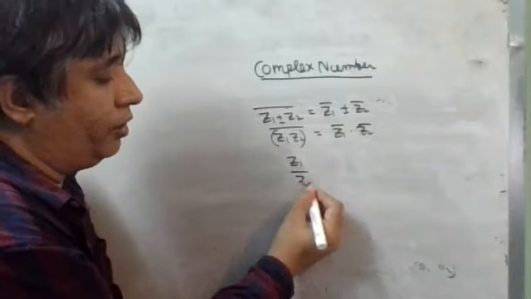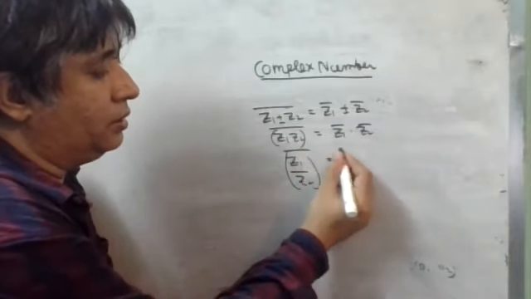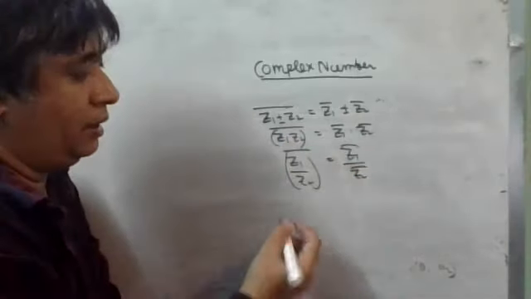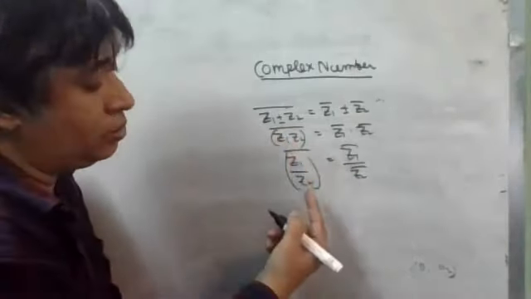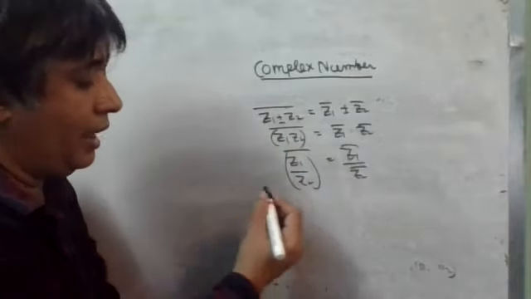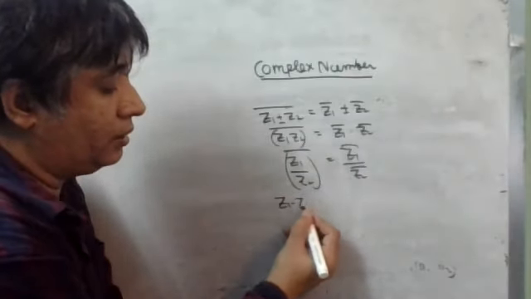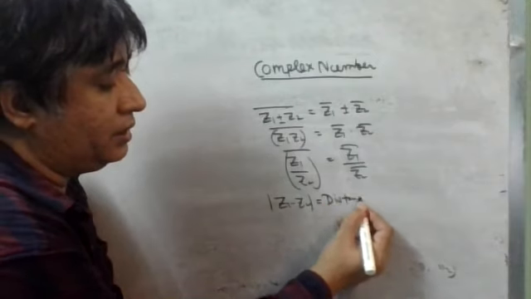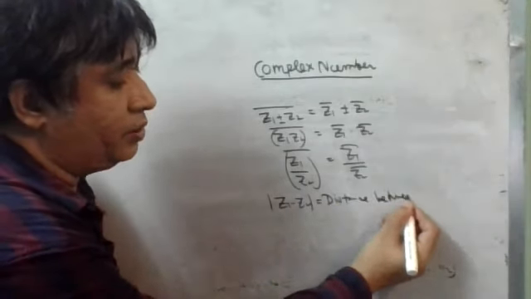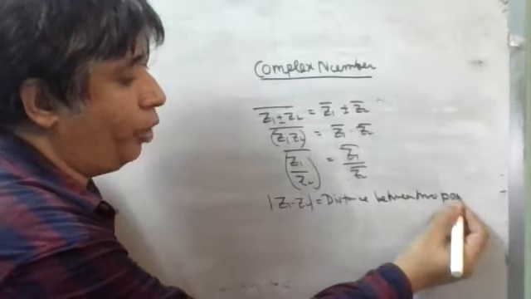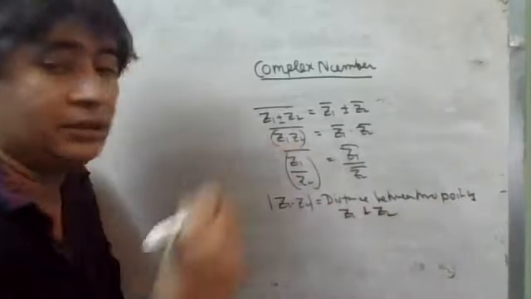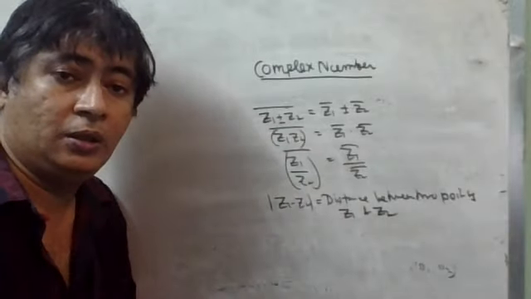It is true for the division, Z1 bar by Z2 bar. And we got the distance between two points. This is the distance between two points Z1 and Z2. Hope you understood.